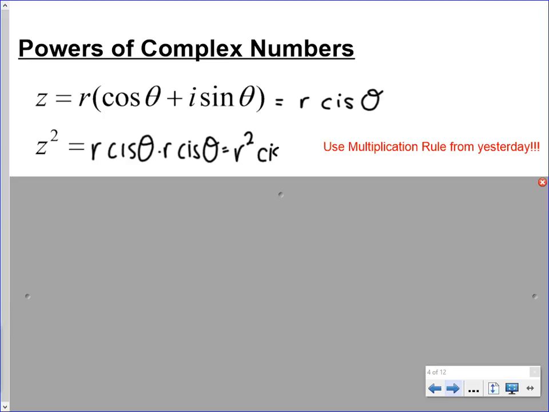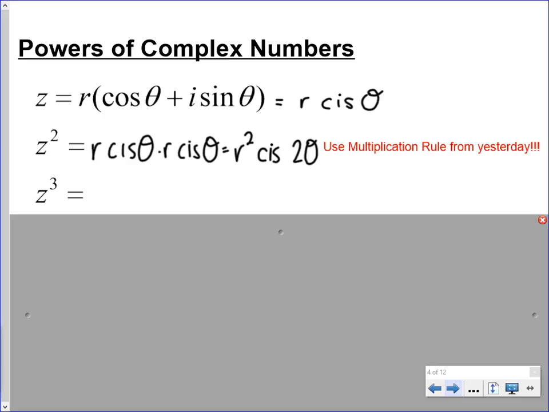Then, in that multiplication rule, you do the cis theta times cis theta, and we were told that when we multiply those things together, and this is the work that I didn't show you that you could look up in your textbook, it will simplify every time to be cis of the two arguments added together, so the sum of the arguments. So what's theta plus theta? 2 theta. That looks pretty good. So if I multiply r cis theta times r cis theta, I'm going to get r squared cis 2 theta.